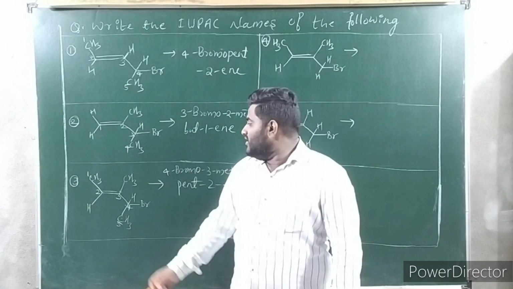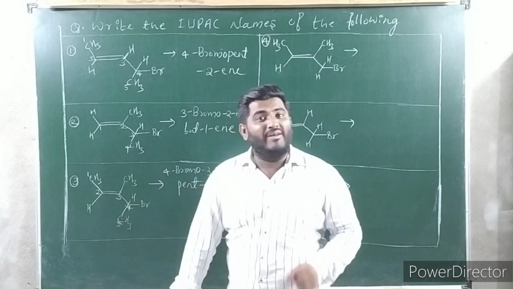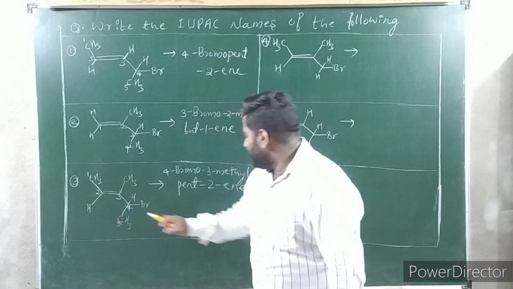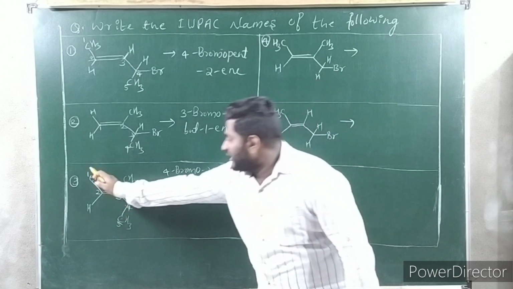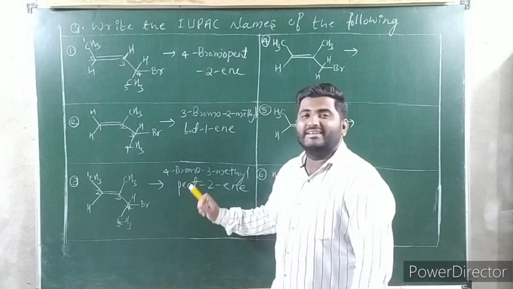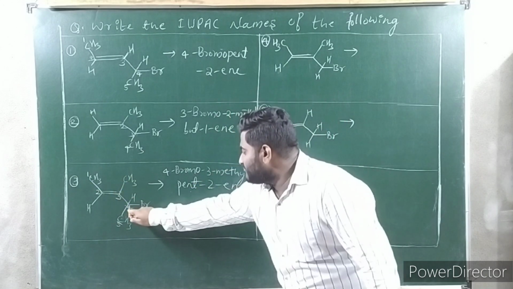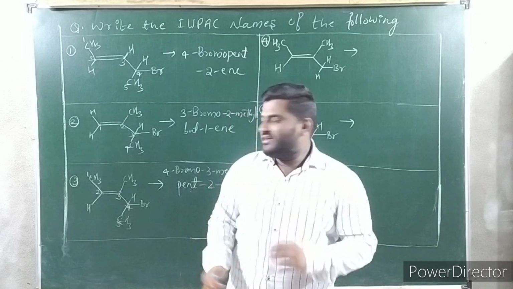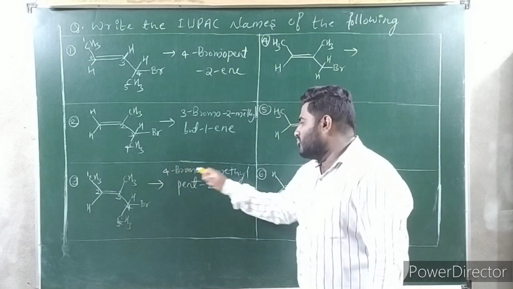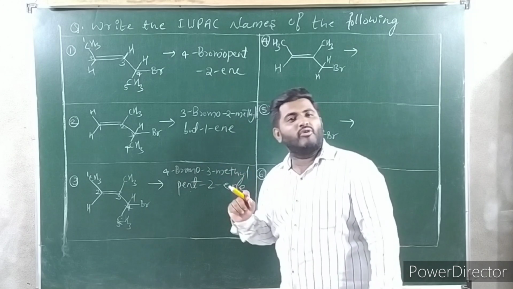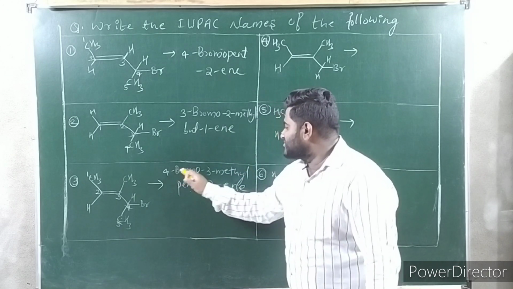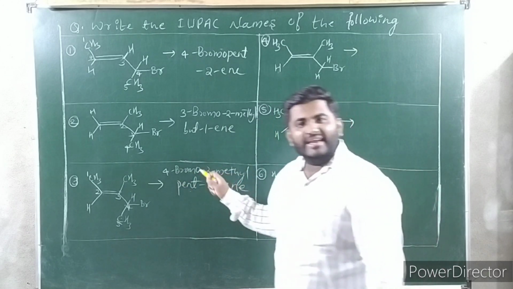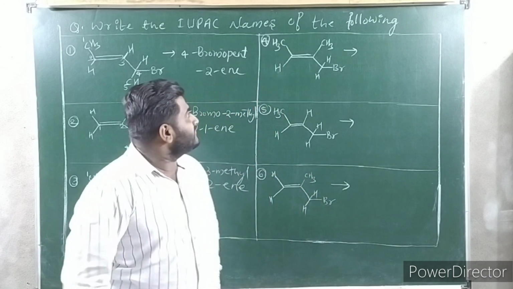If double and triple bonds are there, you have to mention the position. Second position double bond is there, therefore 2-ene. Total 5 carbon atoms are there, therefore pent. Third position methyl, fourth position bromo substitution is there, therefore we have 4-bromo-3-methyl. Why not 3-methyl 4-bromo? Because in alphabetical order B comes first, then M. Getting? Yes. Go for the next question.